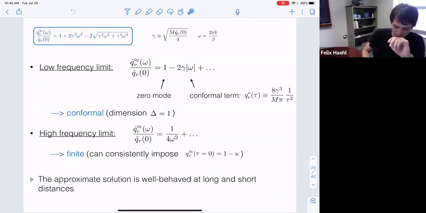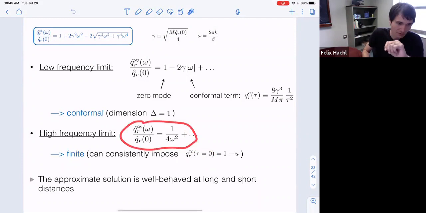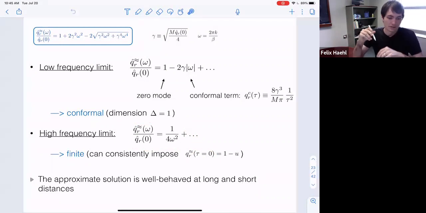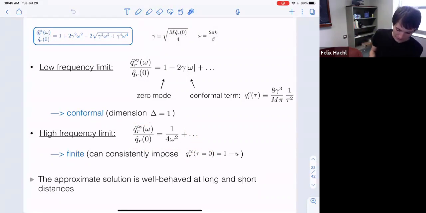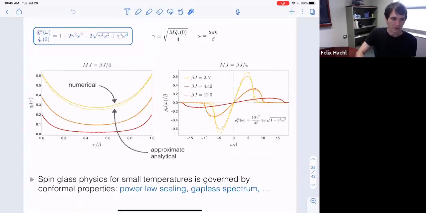We can consistently impose that at time 0 on this approximate solution because it's finite at high frequencies. So this approximate solution is well behaved both at long and at short distances. That's kind of nice.